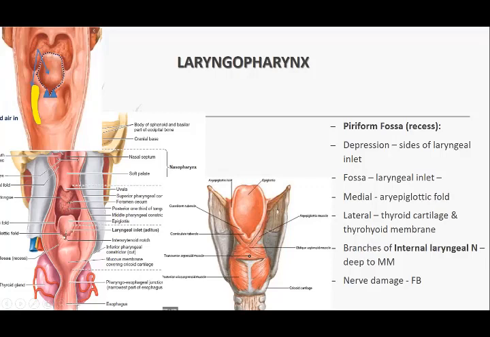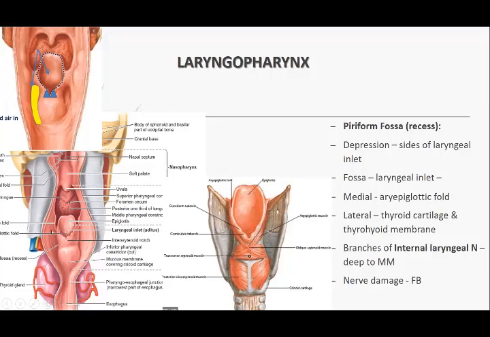One of them is the arytenoid cartilage. This fossa is separated from the laryngeal inlet by this fold, called the aryepiglottic fold. Okay?